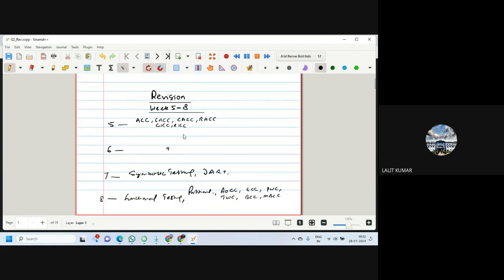So today the objective of this session is to carry out revision for weeks 5, 6, 7, and 8. Week 5 deals with logic-based coverage, or logic-based testing, from where we got the predicates. Predicates consist of clauses, so we have to cover either the predicate coverage or the clause coverage.